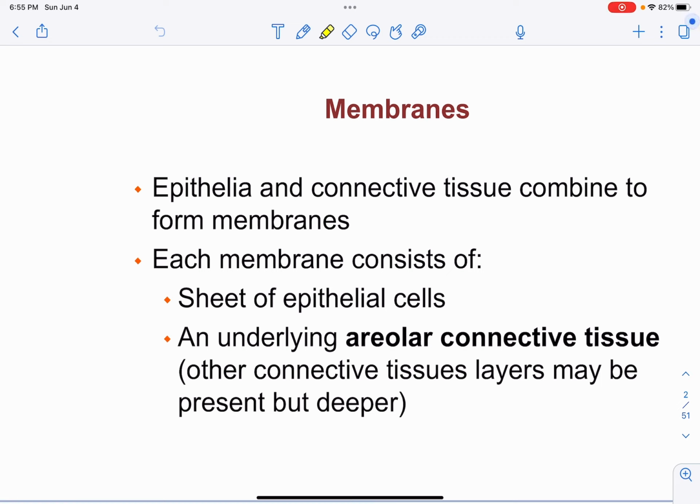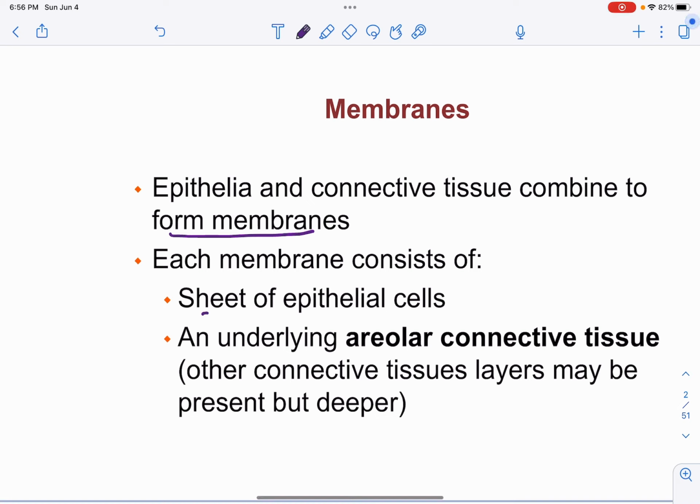But to do that, we have to have a little bit of a background on membranes in the body. So this is a very specific term in anatomy, and it is comprised of 2 elements. So epithelial and connective tissue combine to form membranes, and each membrane consists of 2 elements.